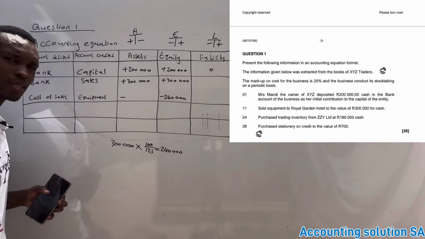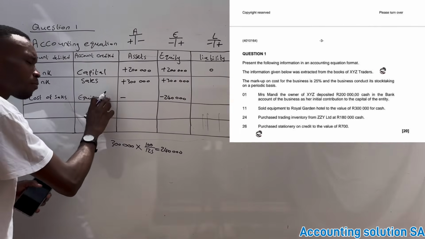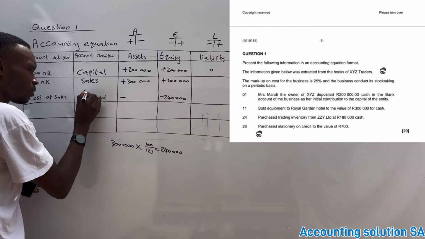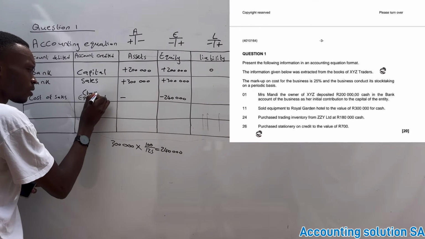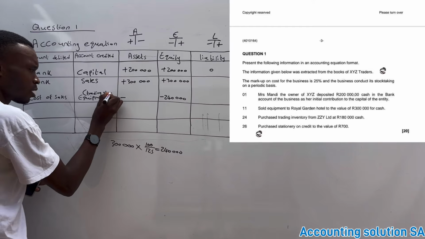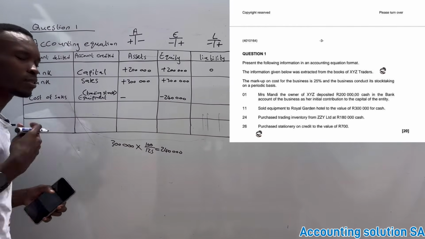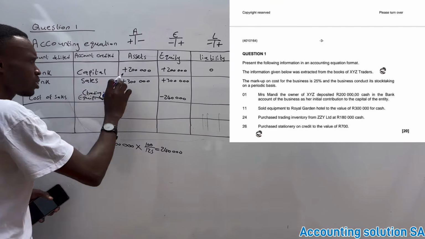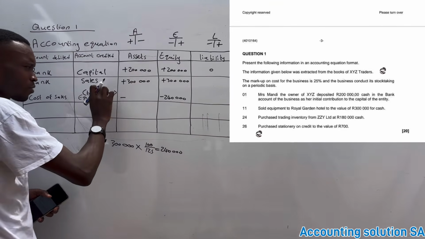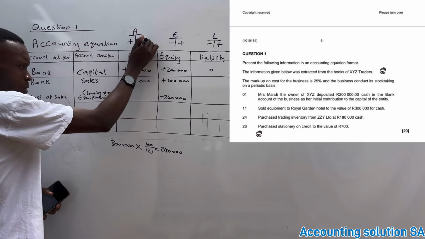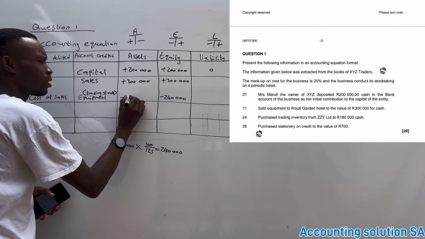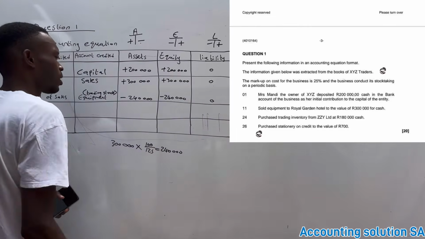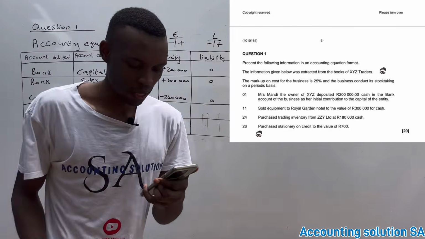The reason for the minus is because this equipment goes out. If we regard it as trading stock, it's still fine, because there's no more information that tells us that this business is selling equipment as stock. So because it goes out, it's an asset. All of them are assets. These two we credit, which means it's a minus 240,000. Then this side is unchanged, just like that.